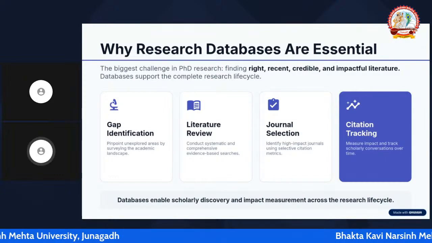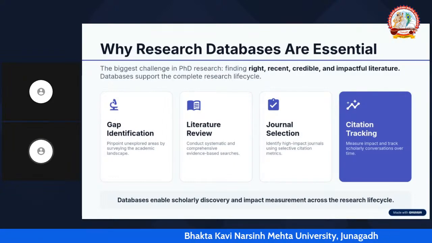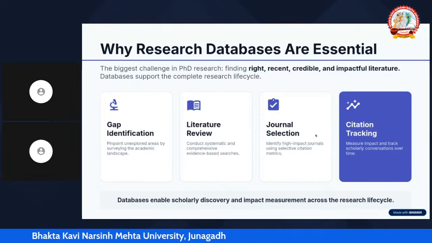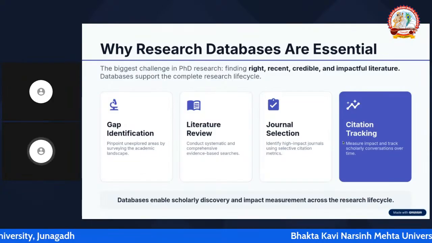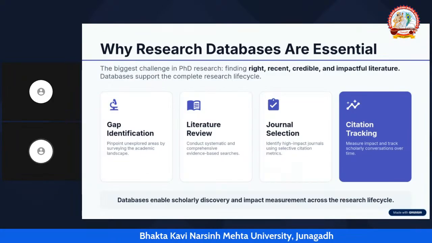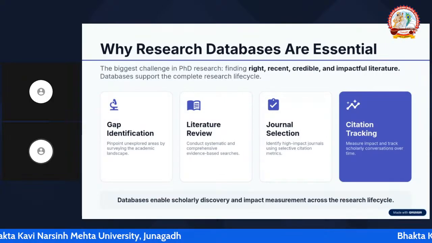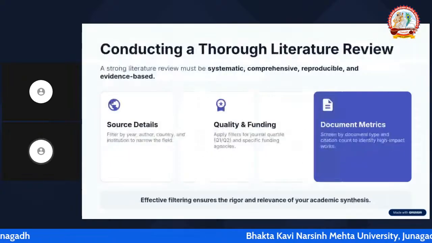So if we have the information on which kind of data we have, we can easily identify the journal selection, as well as citation tracking. Which journal has major citations, which journal has the major impact, that journal we can choose for publishing our data. So that is the requirement to know the data set.